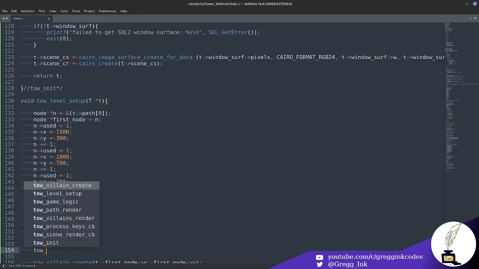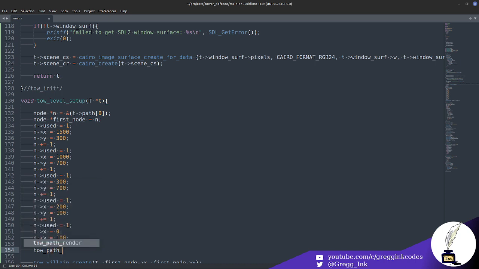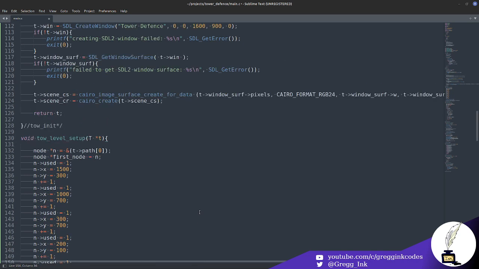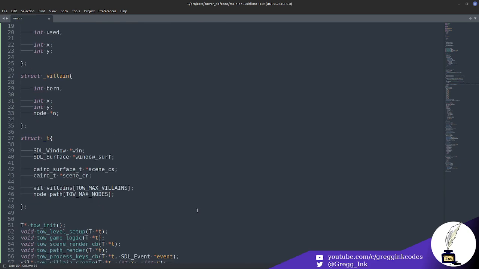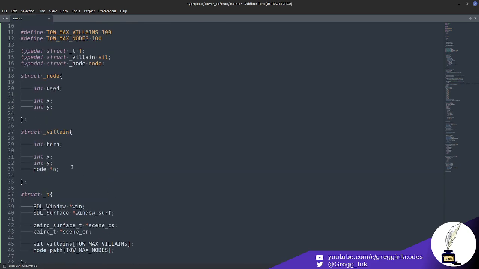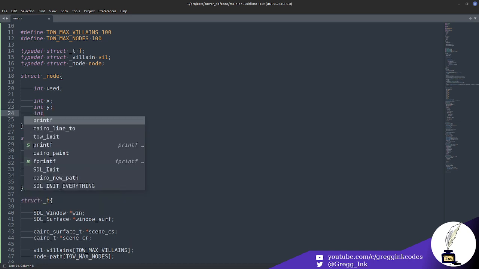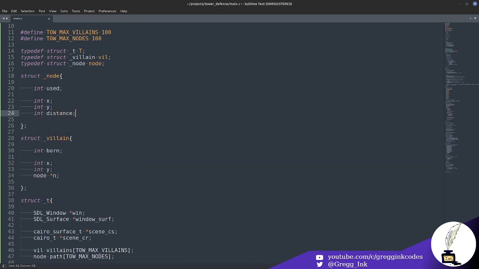What I want to do here is go path, calculate distance. That is what I want to do, and in the node here, it's going to be int distance.